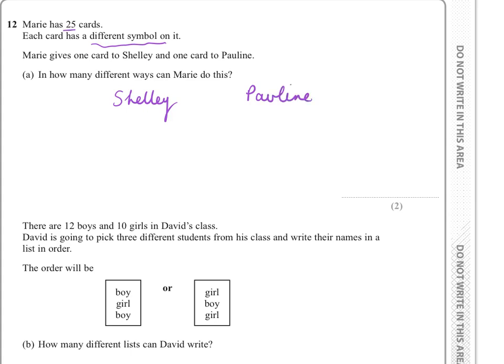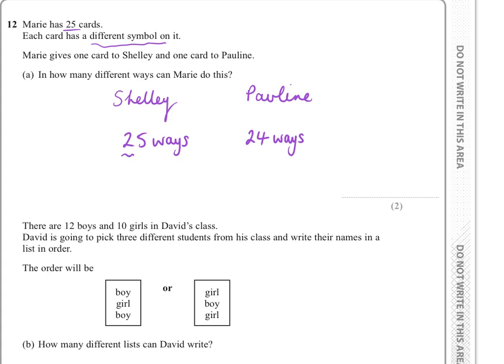But if there's 25 cards, she can give the first card in 25 ways to Shelley, and then can give the next card 24 different ways to Pauline. Because don't forget, Pauline can't have the same card as Shelley. So it's the same kind of principle as probability trees.